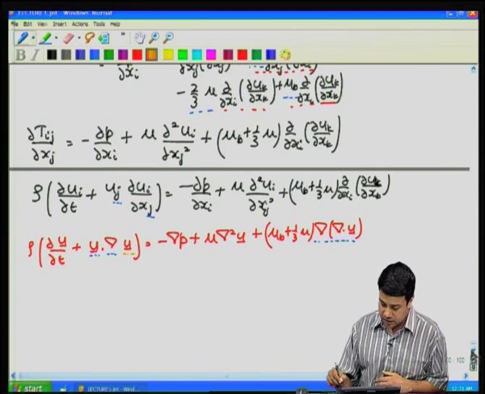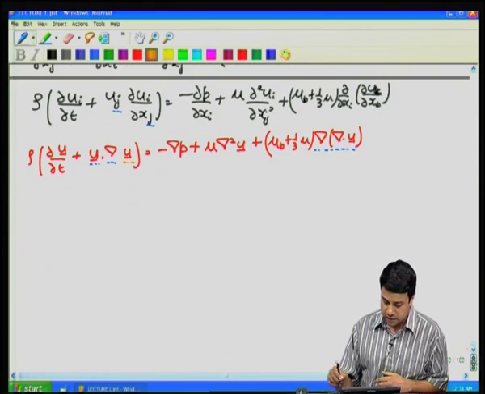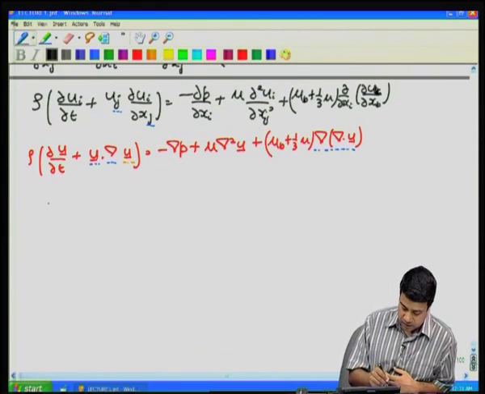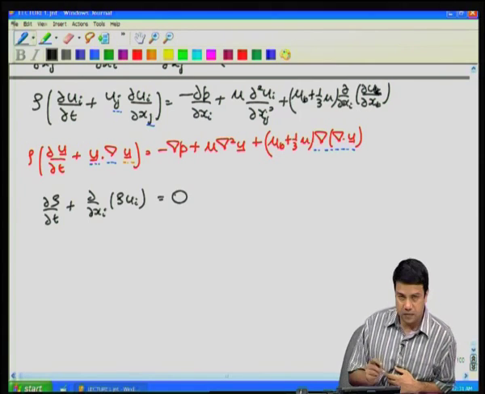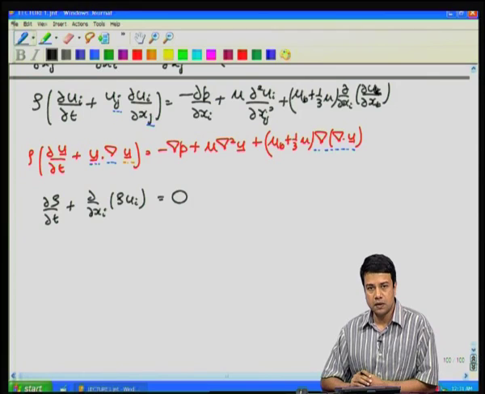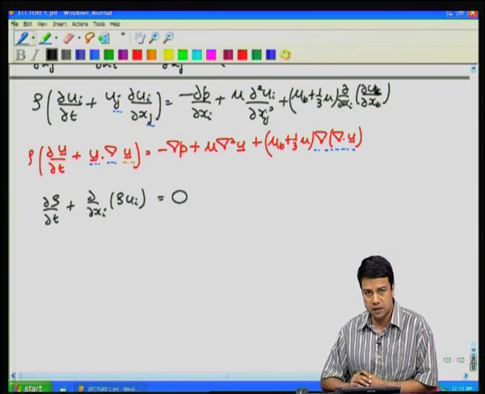This coupled with the mass conservation equation gives me the complete set of equations. The mass conservation equation: partial rho by partial t plus partial by partial x_i of rho u_i is equal to 0. Note that the mass conservation equation is a scalar equation, because rho, the density, is a scalar.